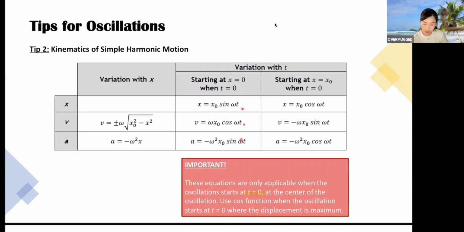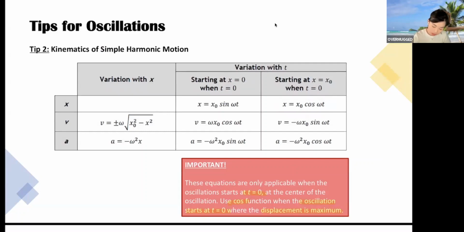So for whatever we are looking at here, t equals 0. If my oscillation starts at t equals 0 with the maximum displacement, I will start off with the cosine function. That means you are already at the amplitude portion of your oscillation. Then you start with x equals x naught cosine omega t.